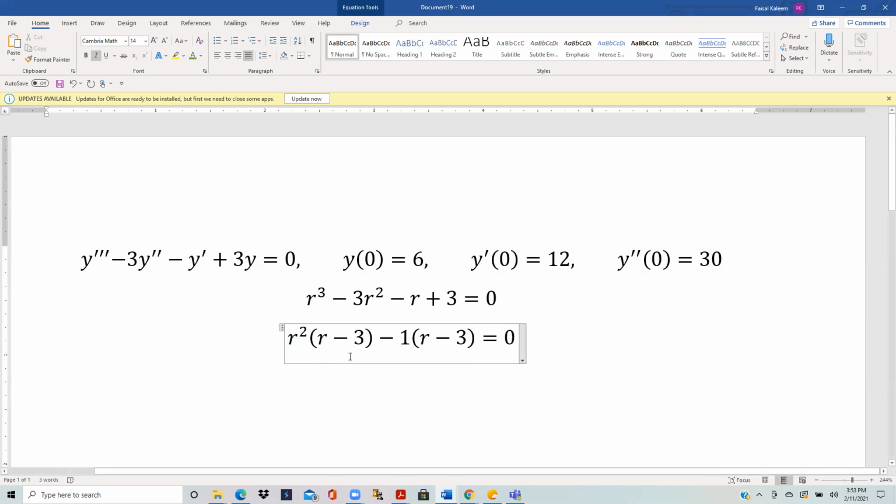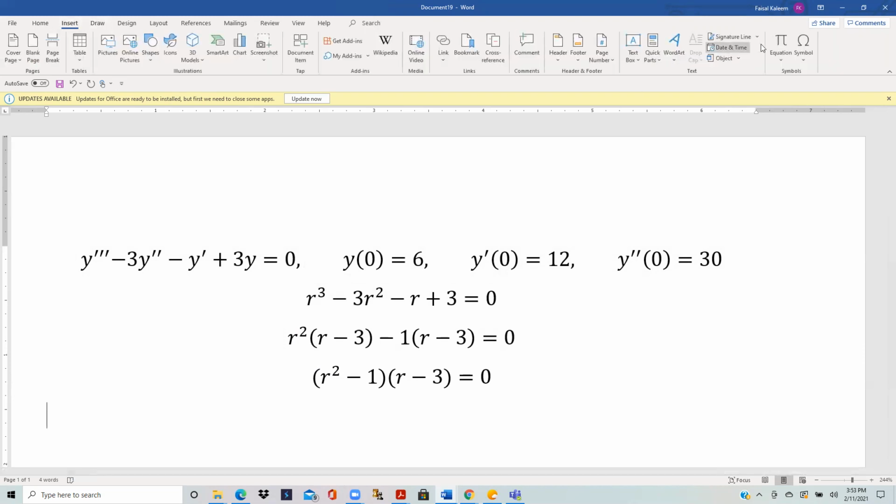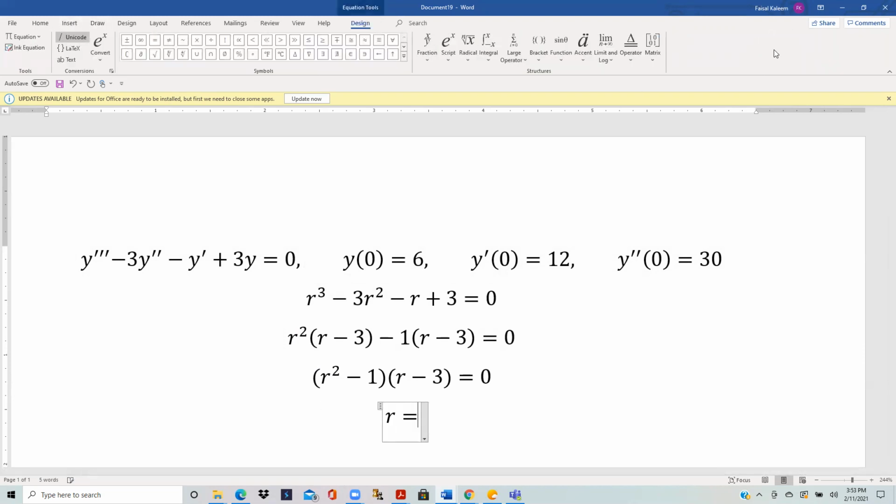And then this is r squared minus 1 and r minus 3. And when r squared is equal to 1, we get r equals plus minus 1. And from here, we get r equals 3. So we get three solutions. R is equal to 1, negative 1, and 3.